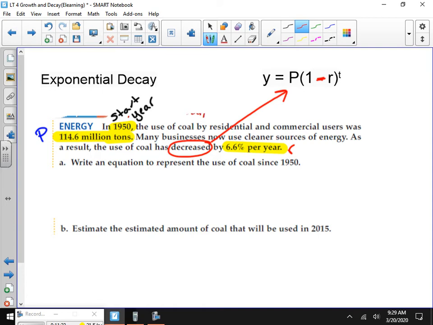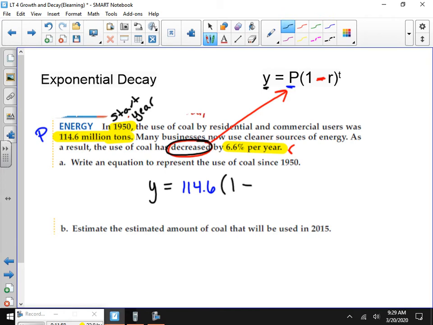So the first part of my formula is a Y. I don't have the final amount. I don't have an end. So we're going to put Y equals. Then the next part is a P. My P we put as 114.6. And then parentheses 1 minus. It's 1 minus because, again, the problem said decreased. Then we need our R, our rate, which we labeled as 6.6%.